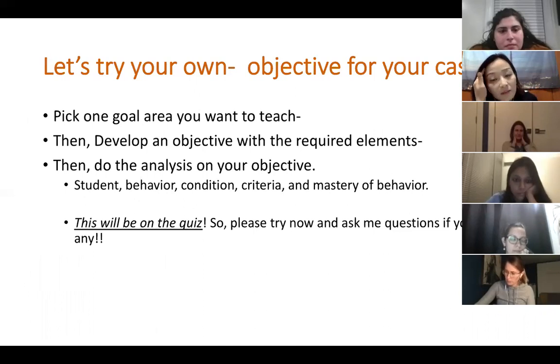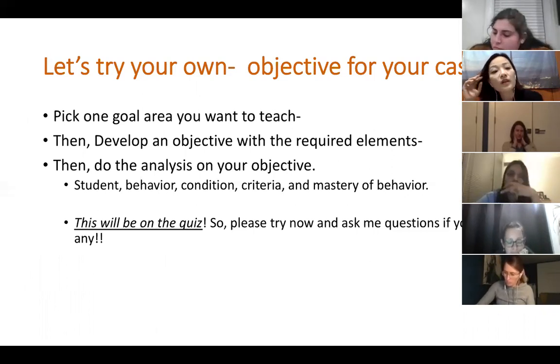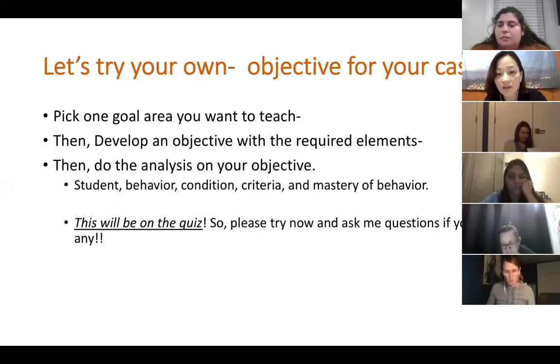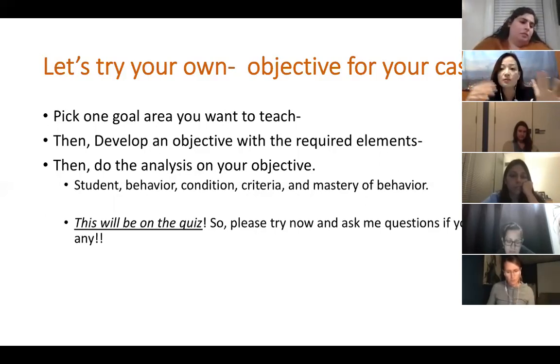From your assessment data, you will see one weakness area from the student you want to teach, right? Pick one skill you want to teach for your case study, and you can develop one objective right now. If you have paper with you, jot down the objective. It doesn't have to be perfect, but try to include these 5 teachable elements.